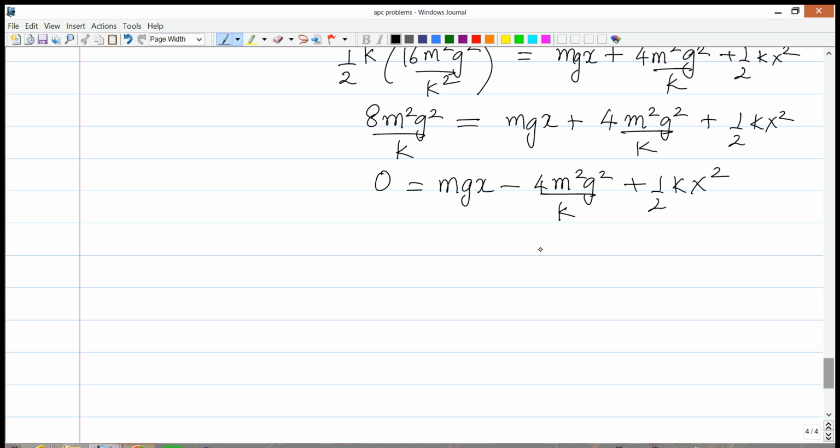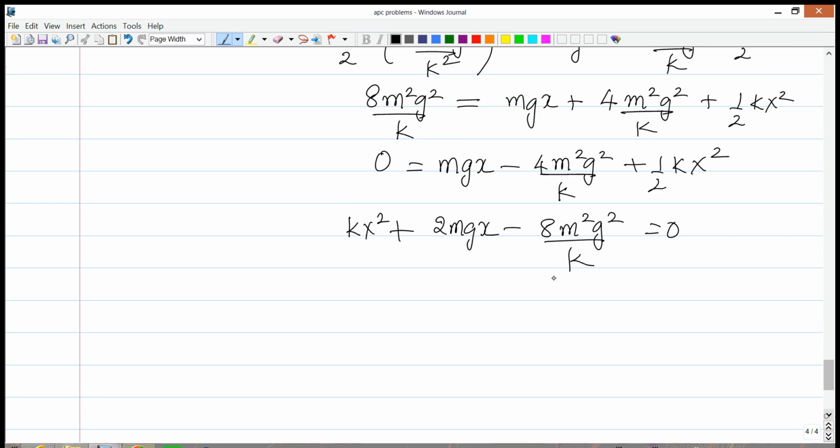Now I'm going to multiply everything by 2 and rearrange the terms so that I have my quadratic term first, so I get k times x squared plus 2 mgx minus 8 m squared g squared over k equal to 0.